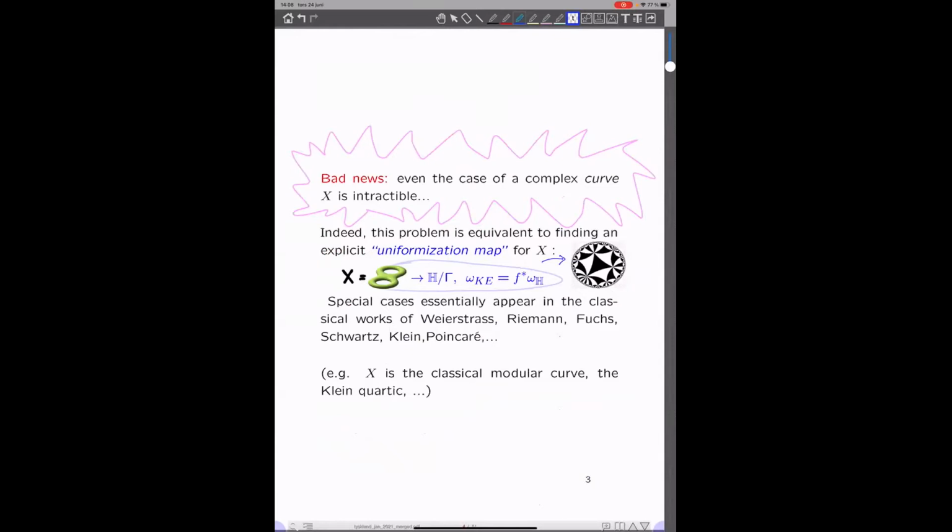Because if we find such an explicit map, we just pull back the Poincaré metric, and that will give an explicit formula. There are a few special curves where we can do this, and that really goes back to the classical works by Weierstrass, Riemann, and all these guys. For example, modular curves, the Klein quartic. There are a few curves where you can do this, but that's really rare.